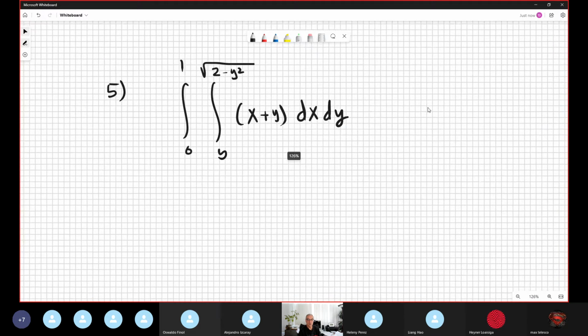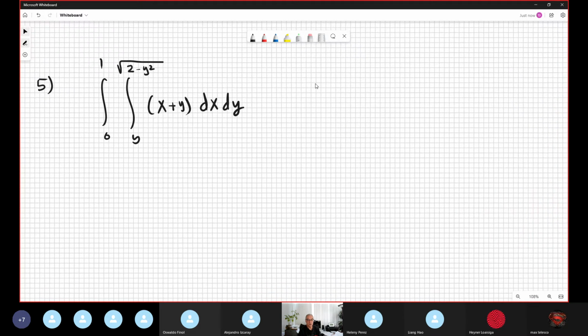Okay, remember, step by step. Understand the region, understand the direction that this guy set out for this integral, and then you change to polar. Okay, so now I see that the first integral is dx.